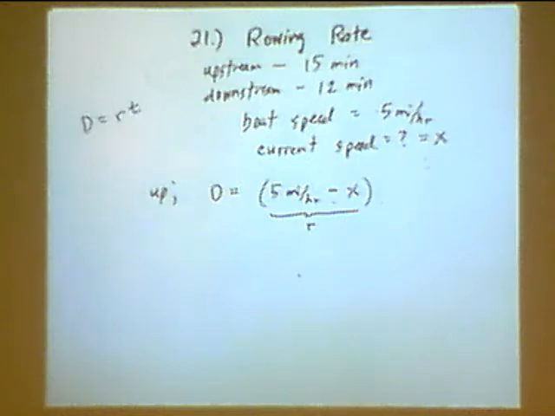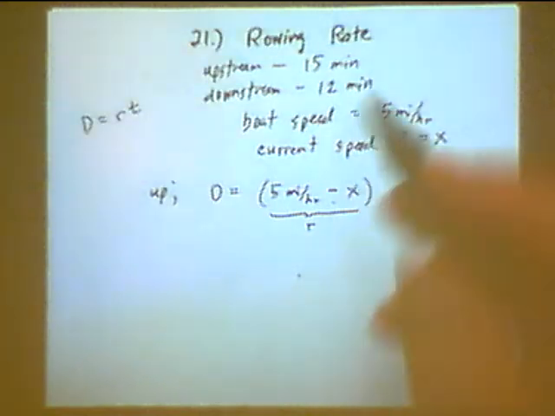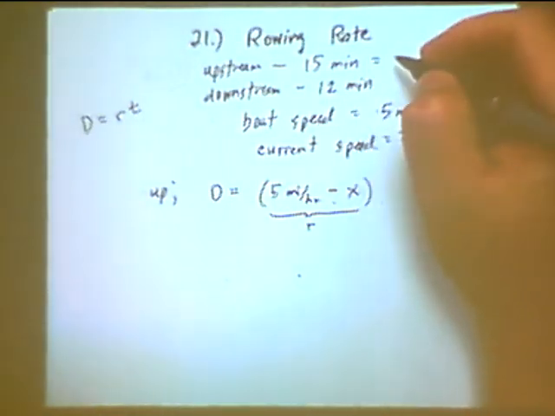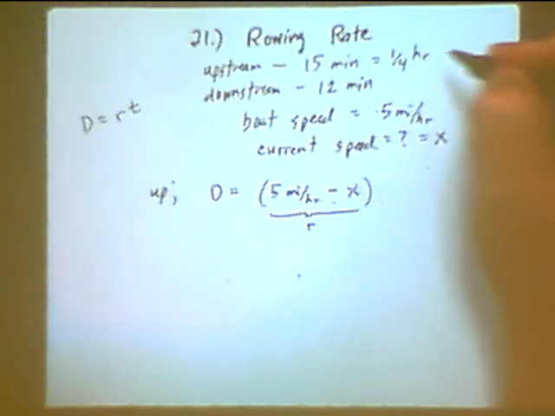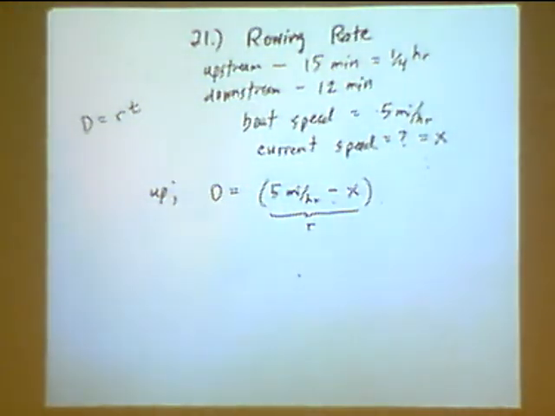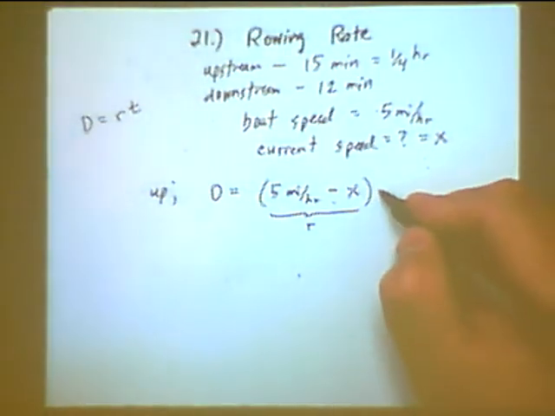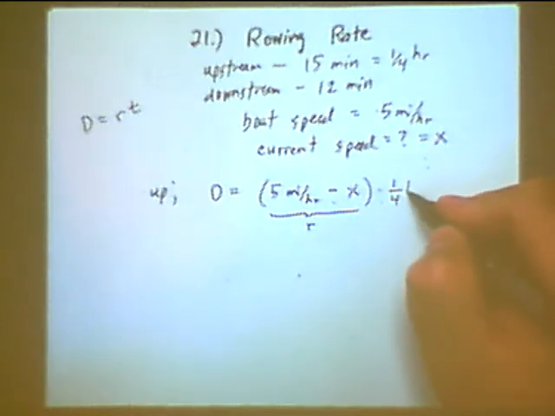And you realize that 15 minutes is really 1/4 of an hour, right? 15 minutes, then you go 30 or 45 in a full hour. So this 15 minutes is really 1/4 of an hour. So now I multiply by the time he went upstream, it's 1/4 of an hour.